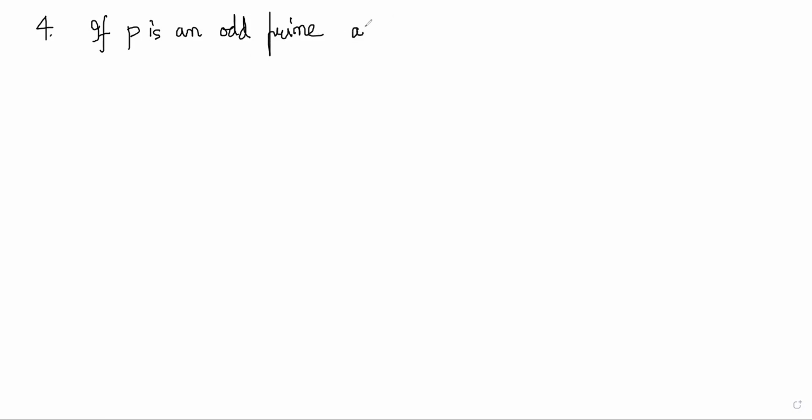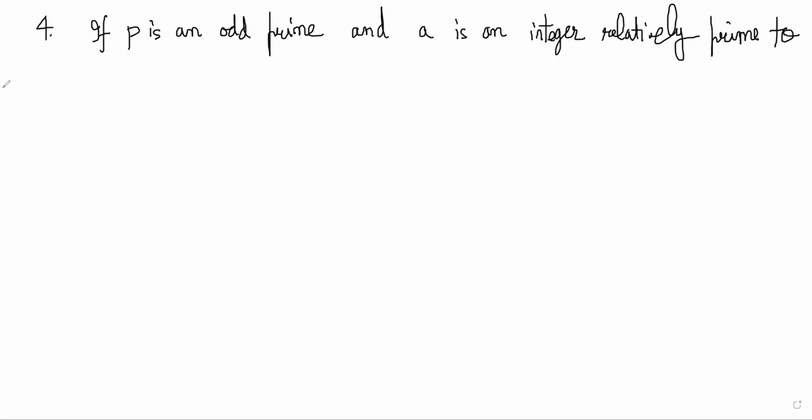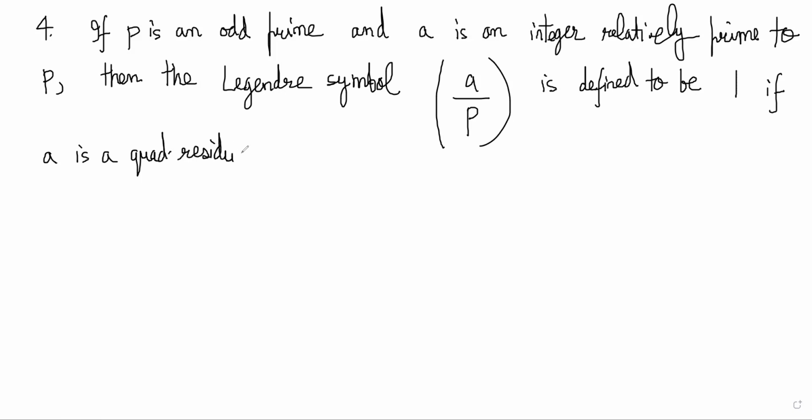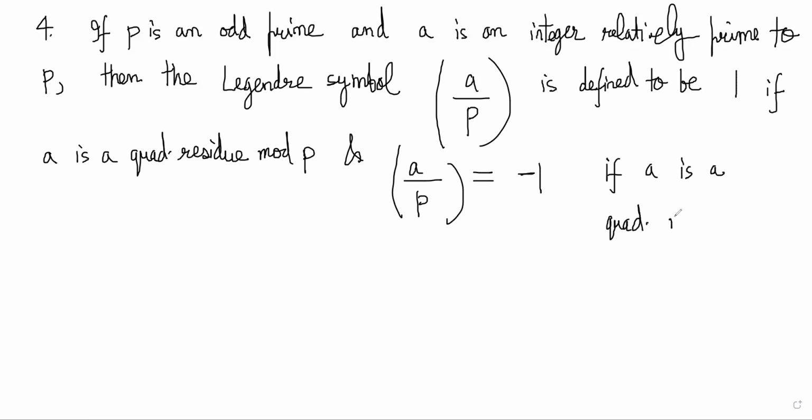If p is an odd prime and a is an integer relatively prime to p, then the Legendre symbol is denoted by (a/p) in brackets, and it is defined to be 1 if a is a quadratic residue mod p, and -1 if a is a quadratic non-residue mod p.